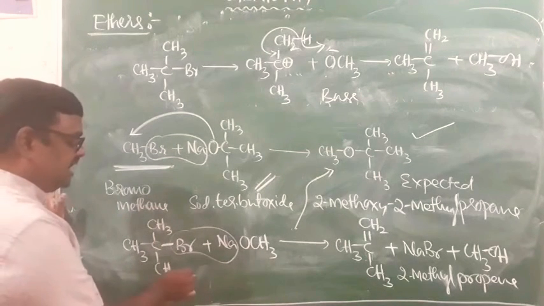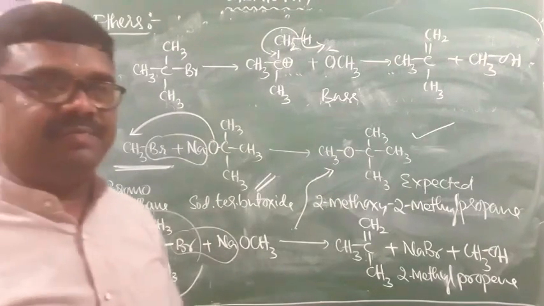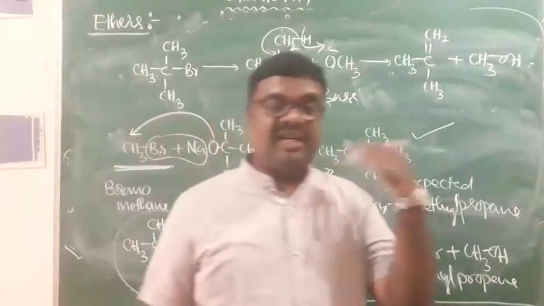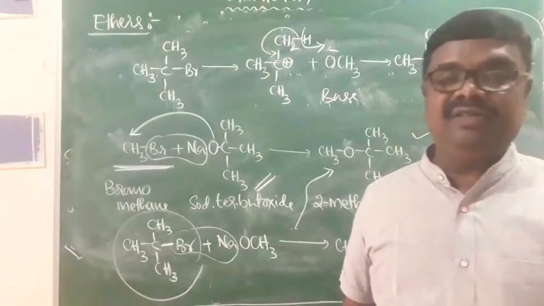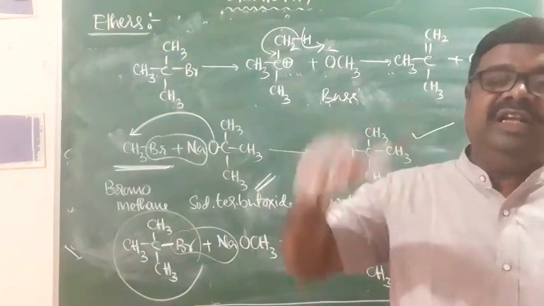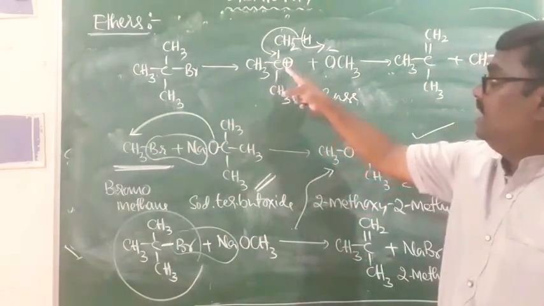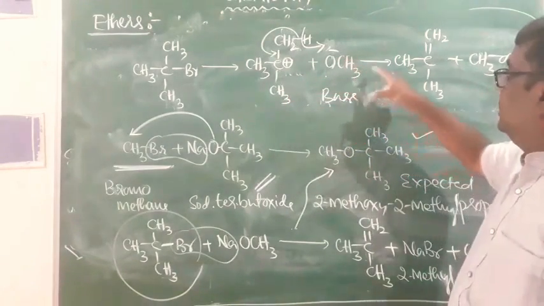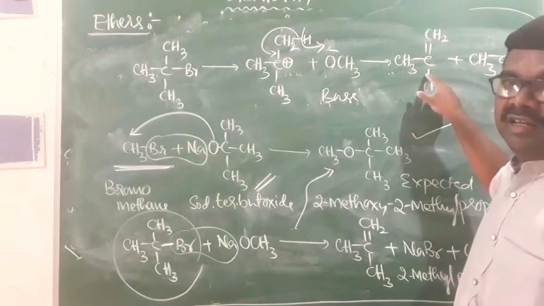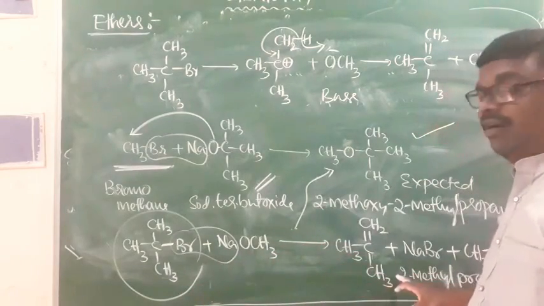If tertiary and secondary haloalkanes are used, okay na? They will produce the stable carbocations, and formation of carbocations will lead to the elimination reaction. Like this, your stable carbocation barutte, it will lead to the elimination and you are going to get alkene.